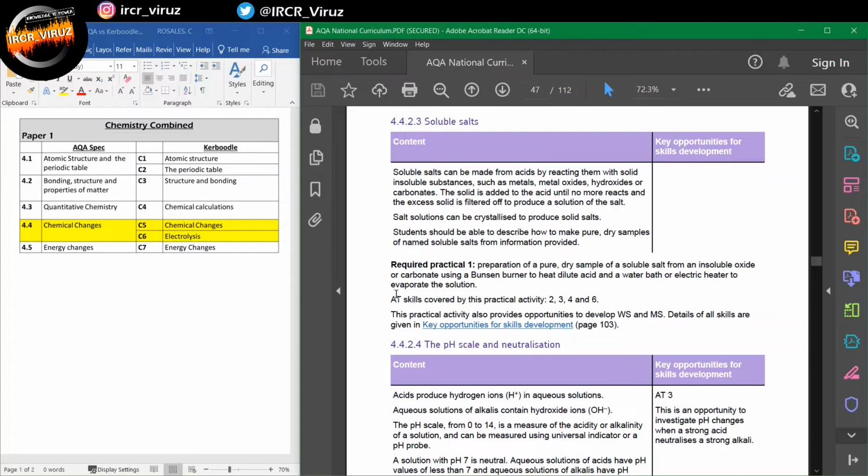So it tells you to spot the differences. You have a couple of differences to spot. First of all, you're not using the right metal oxide. Second of all, you're not using the correct acid. And then it's asking you to actually explain what he should have done instead.